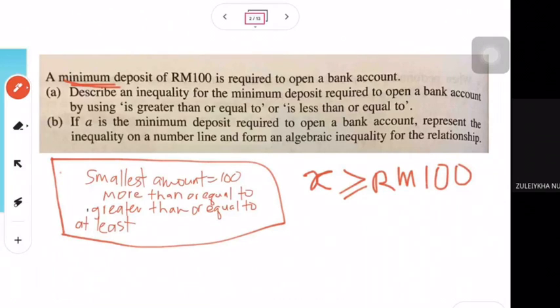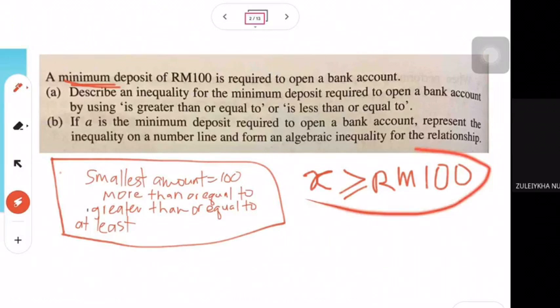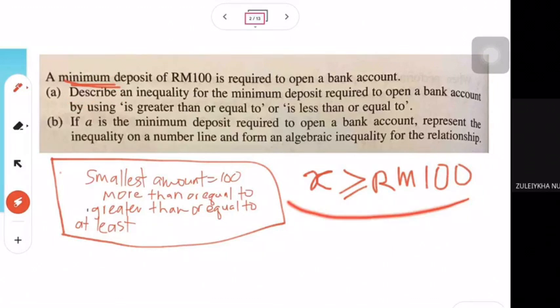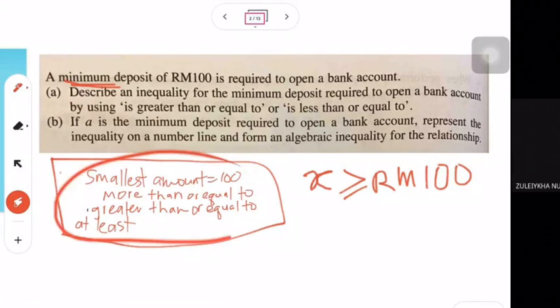So this is in a symbol, writing in a mathematical sentence, and this is describing using words.